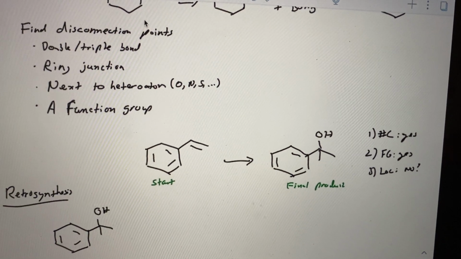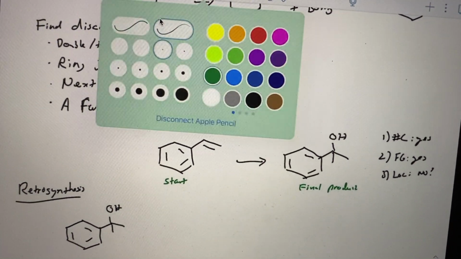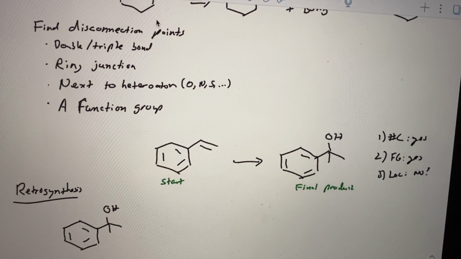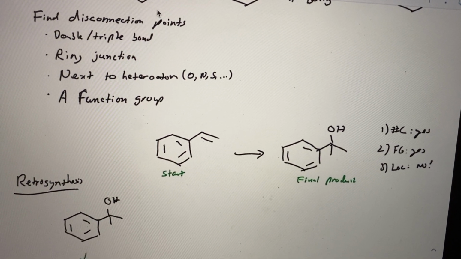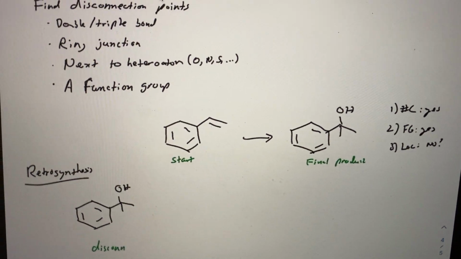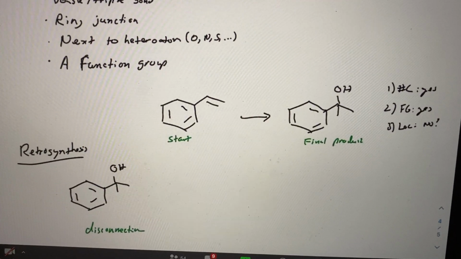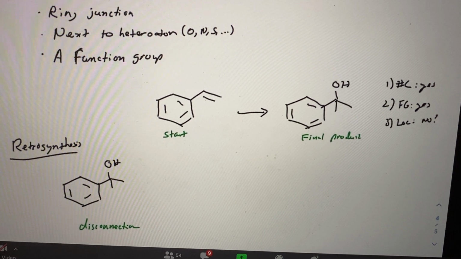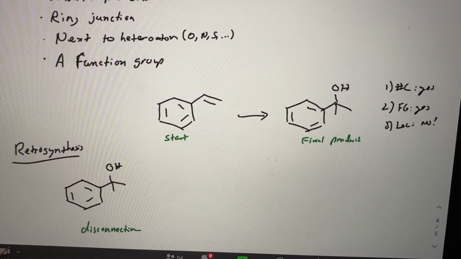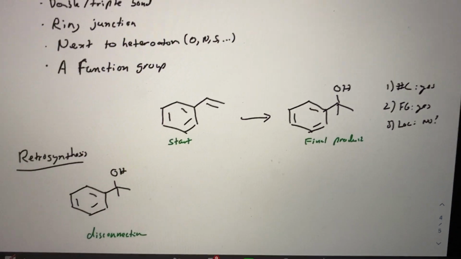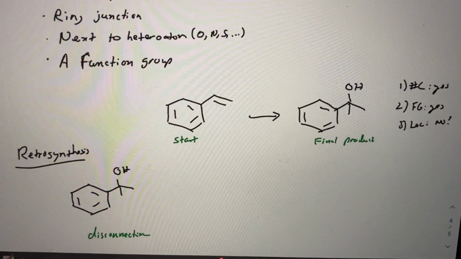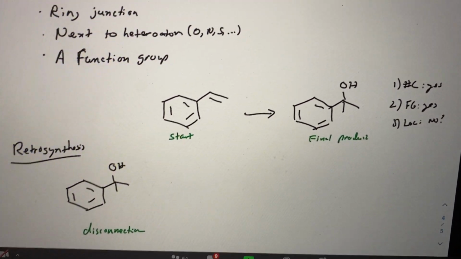And we want to think about a disconnection. We want to think about where we can break a carbon-carbon bond that, in the forward direction, is where we could make one. And dealing with compounds that are alcohols, where we're adding a carbon, a Grignard or an organolithium or something like that seems like a really good approach.